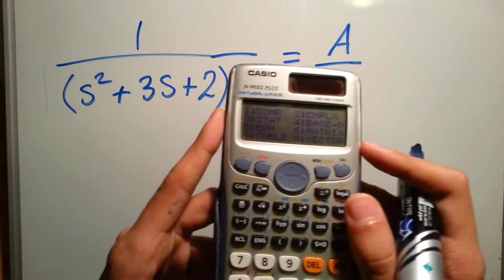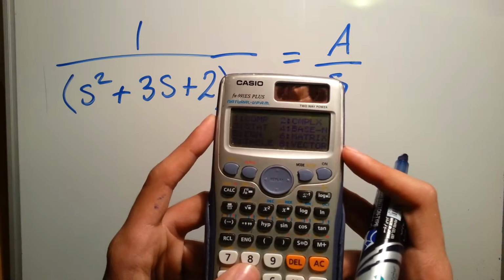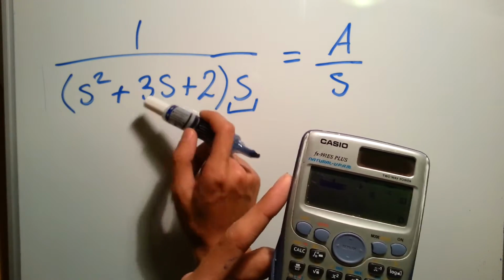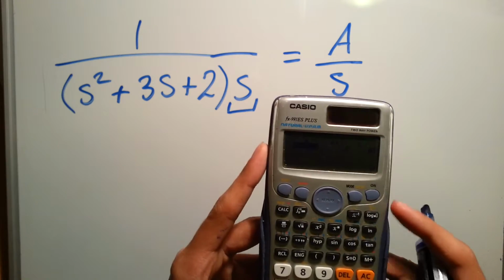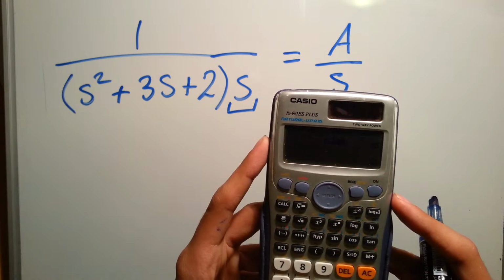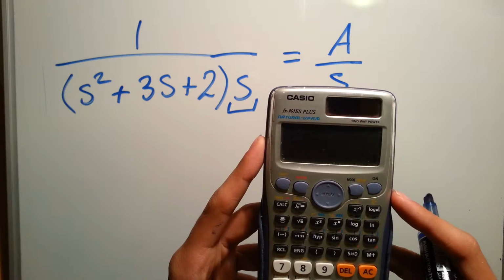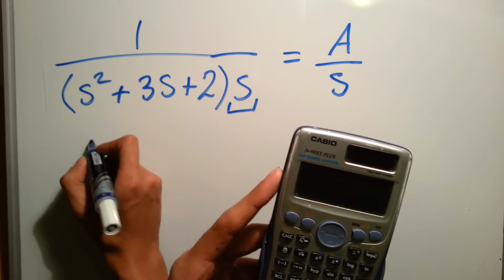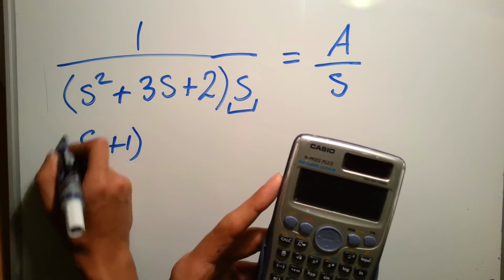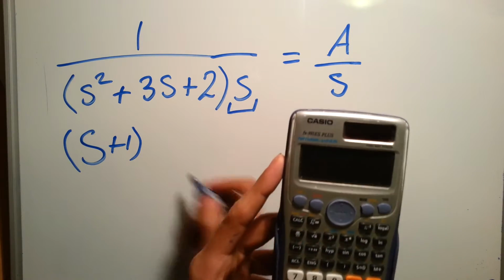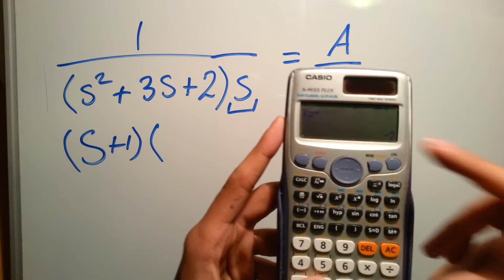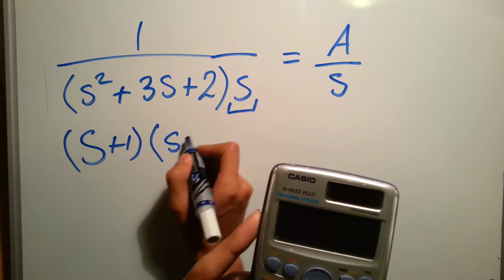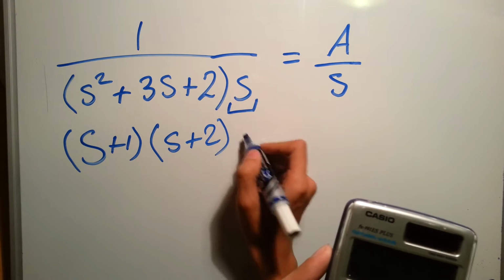I'll show you how to use the calculator. So you go to mode 5 3 and then you enter the numbers. The first one is 1, 3 and 2, equals, x equals minus 1, so it will be s plus 1, multiplied by s plus 2, because it's minus 2, so it will be s plus 2, times this s.